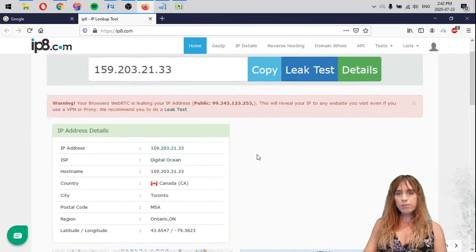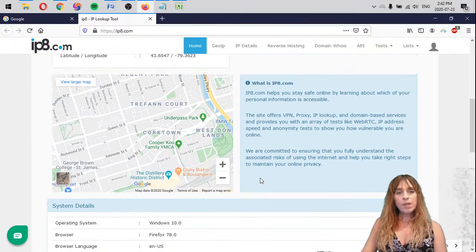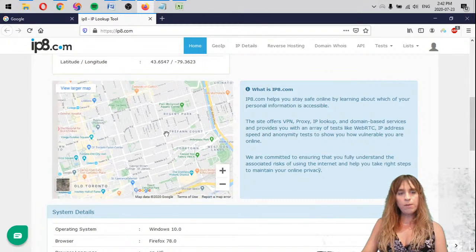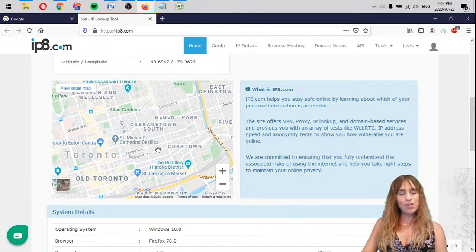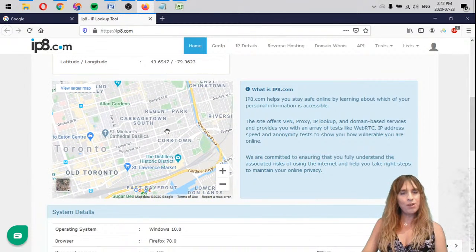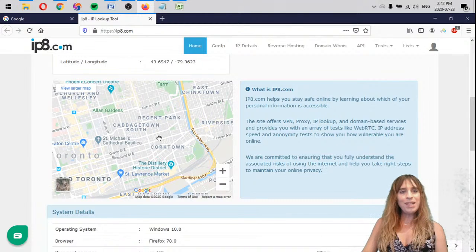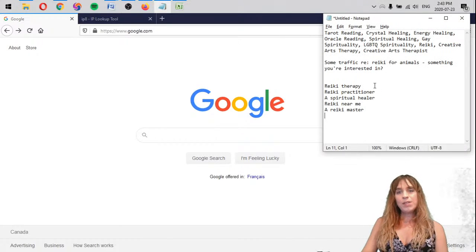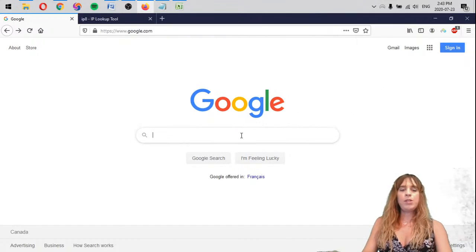Okay, so as far as the Firefox browser is concerned, I am somewhere in Corktown in Toronto. And as far as you're concerned, I'm somewhere in Corktown in Toronto as well, because you have no idea where I am. Anyway, so from here, what I do is I will Google Reiki Therapy Toronto.